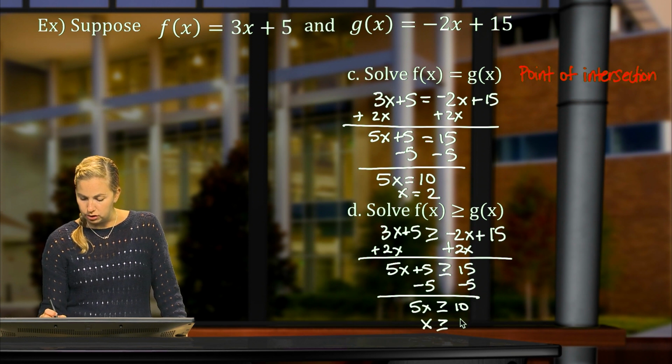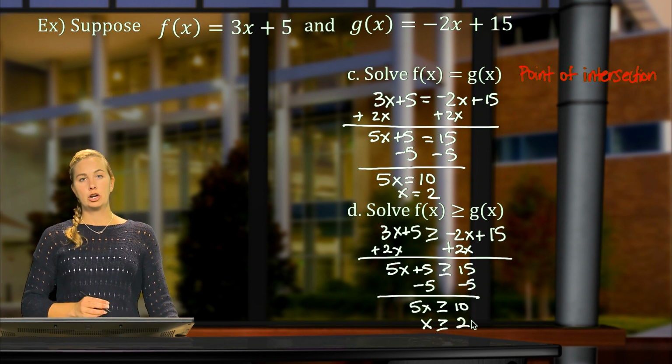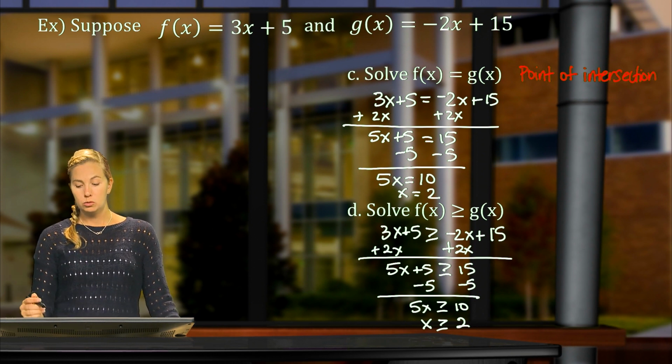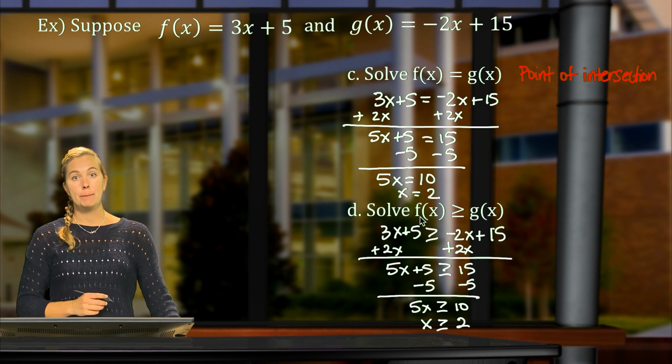And we find that our solution is where x is greater than or equal to 2. So to the right of x equals 2, we'll see that f of x lies above g of x.